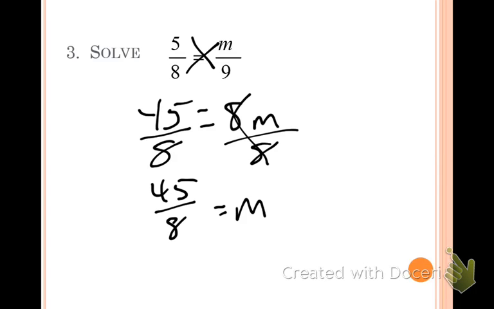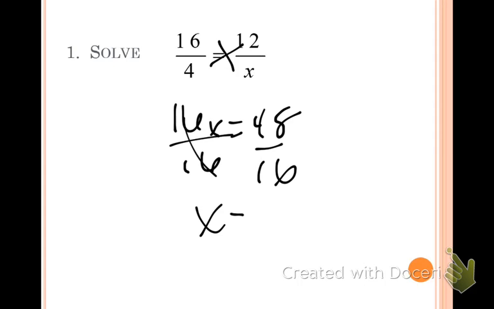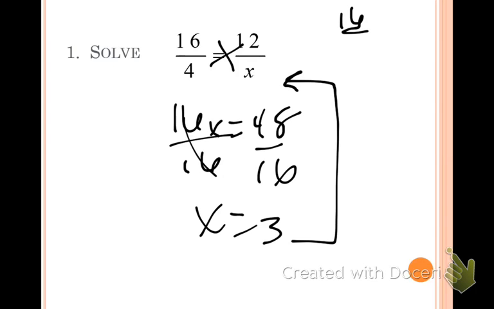So what does that mean exactly? Let me back up for a second. To here. When we cross multiply and got x is 3. Okay? What that tells us is if I put x into here, I should get 2 ratios that are exactly the same. 16 to 4 has to equal 12 to 3.